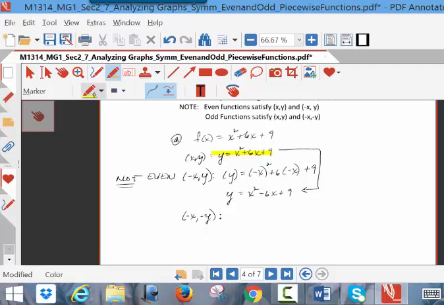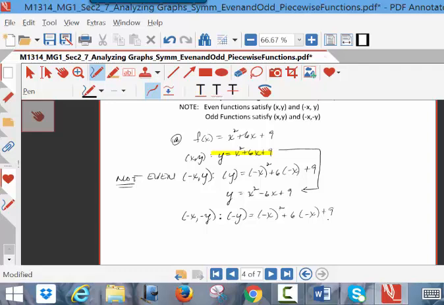All right, and then we're going to take that y and replace it with negative y, and that x replaced with negative x from the highlighted equation.